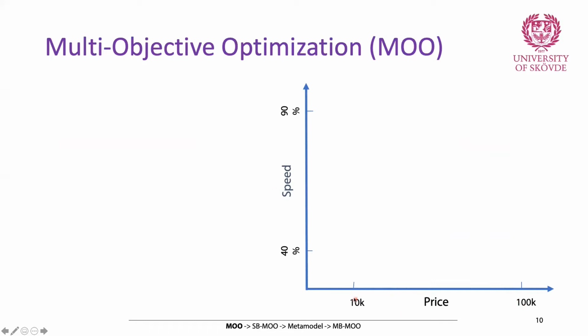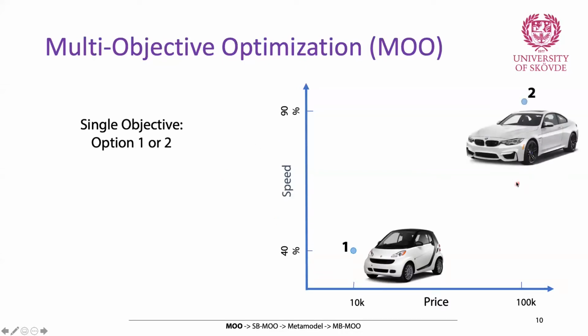And you can see the minimum and the maximum available cars, and also the speed in terms of percentage. So if the price is most important for you and is the only criterion, the dealer will probably show you car number one. But on the other hand, you might be someone who's interested in speed, and the price is not important for you, then the dealer will show you car number two.